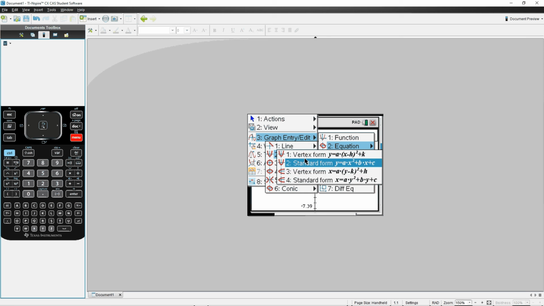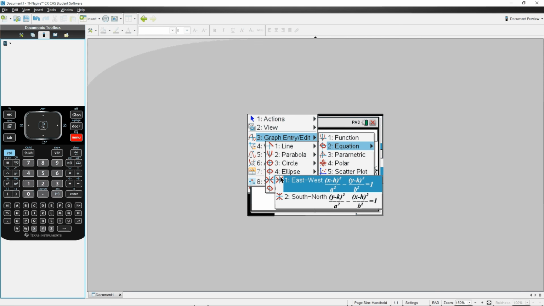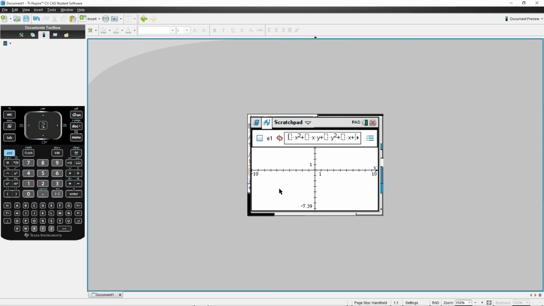So that way we don't have to solve for y ourselves. So if we wanted to graph a hyperbola that's left and right, we would go here. And if we wanted to graph the most general conic section, it would be under this general. And you can just input all of your constraints and your values into this input box.